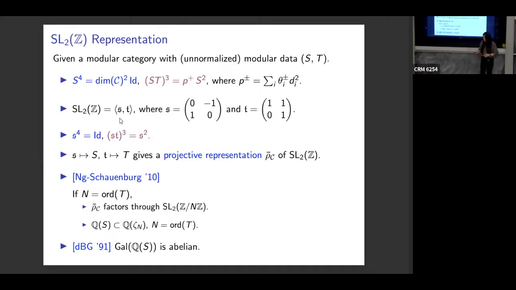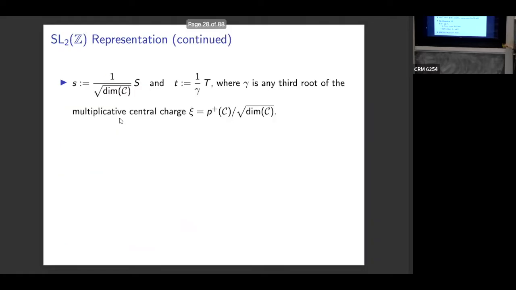So by the Kronecker-Weber theorem, they know that this field extension Q adjoining S is contained in some cyclotomic field, but it's not clear what the bound is. This result tells us the bound: it's bounded by the order of T. So this projective representation can be lifted to a linear one.